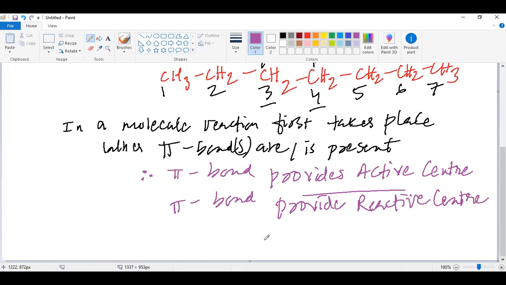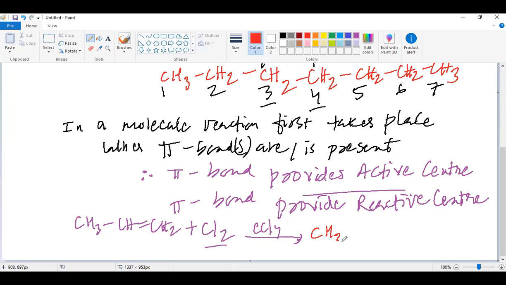Suppose we take CH3, CH double bond, CH2, and if you add Cl2 into it in the presence of CCl4, where do you find this Cl will be added? So it is very easy for you now to answer that the Cl will be added on which carbon?